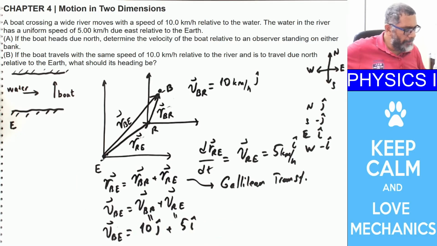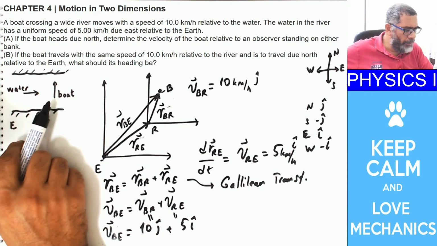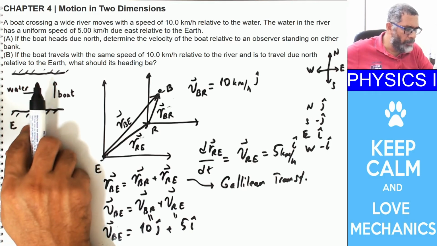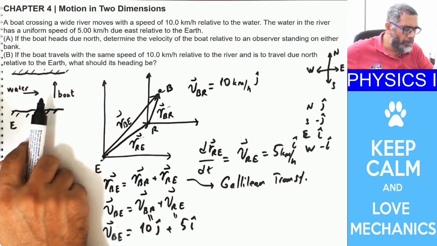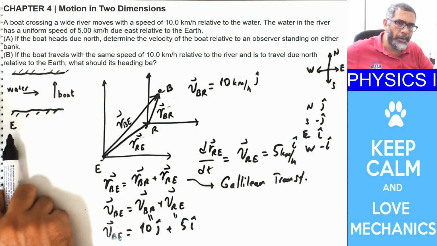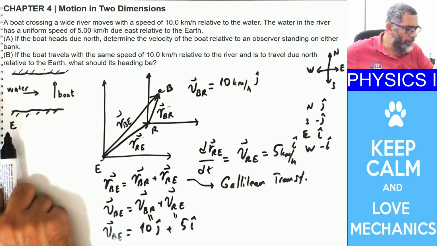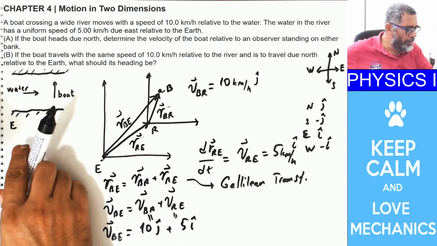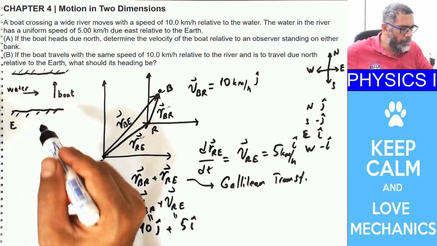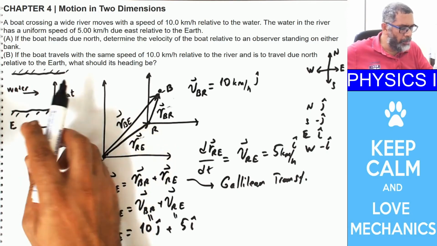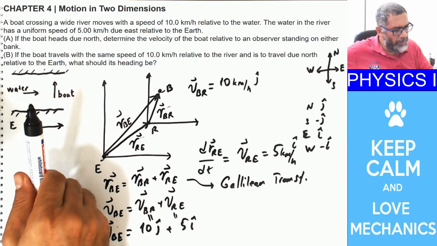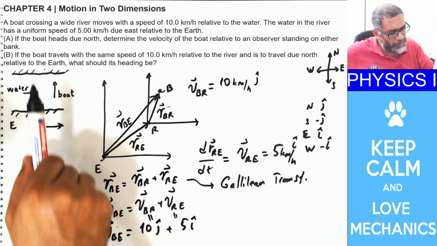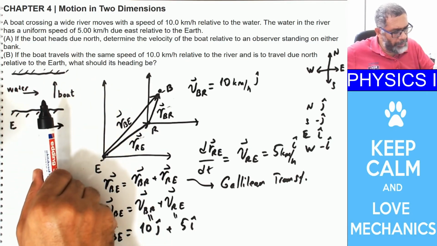And as you see, even though the boat is heading north on the water, somebody on the bank of the river, somebody on the earth, will see the boat also has motion along this direction. Although its head is due north, it will move like this.